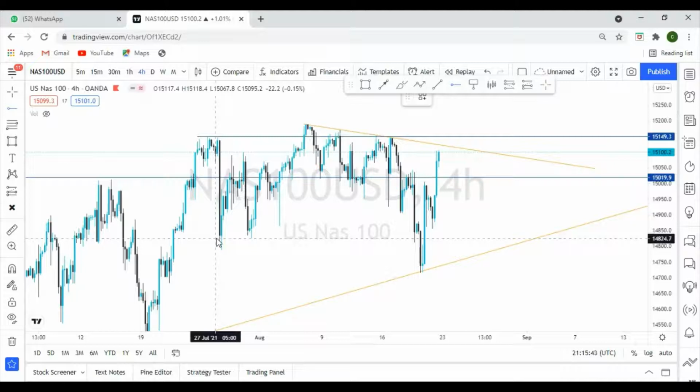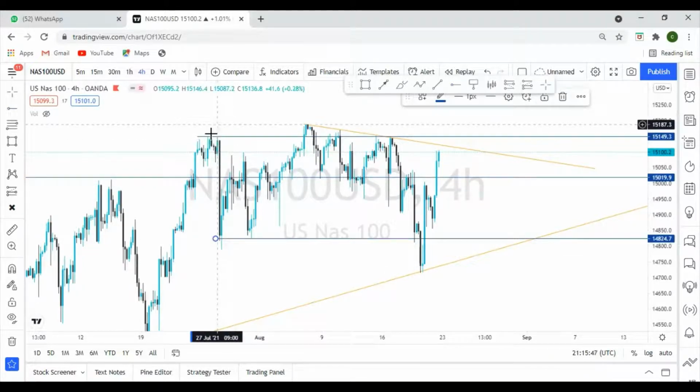Right now I cannot conclude, because every time we come around this zone, we have so much selling momentum. Look at this: on our first touch here, we sold. On the third touch, the market gave us a false breakout and then we sold. Every time we come to this significant zone, we sell.